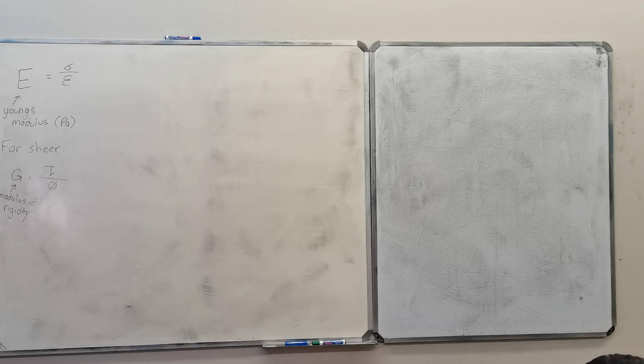Good? Is everybody still with me? Yes. So far, the six formulas I taught you: stress is equal to force over area. Strain is equal to change in length over original length.